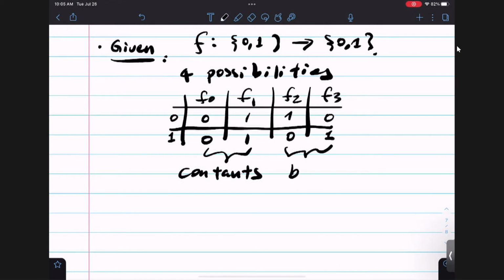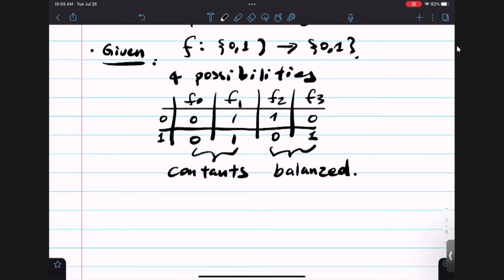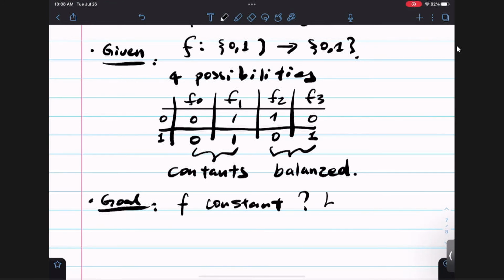So we call these 2 functions balanced. All right? So the problem here is we are given some function as a black box, and we want to figure out whether this function is constant or balanced.